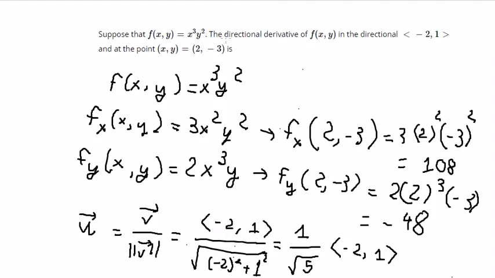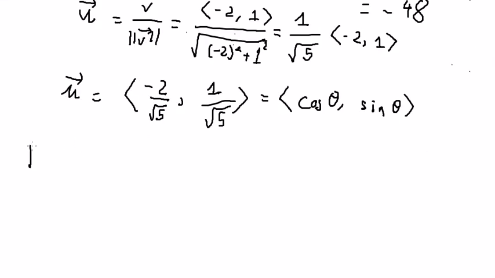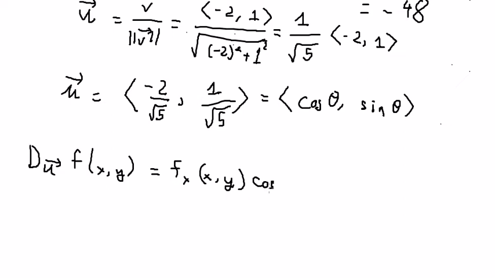Now we will apply the formula to find directional derivative. You got about first derivative of x multiplied with cosine theta, and we have first derivative of y sine theta.